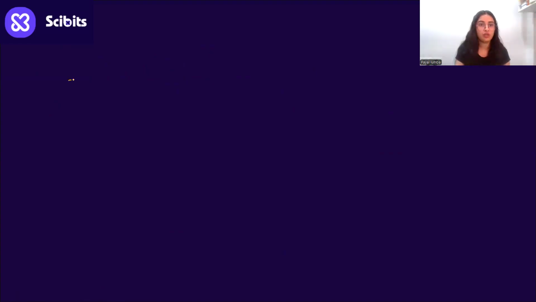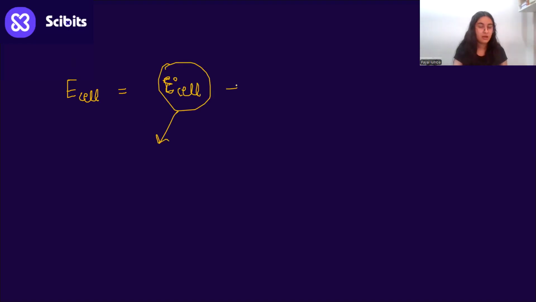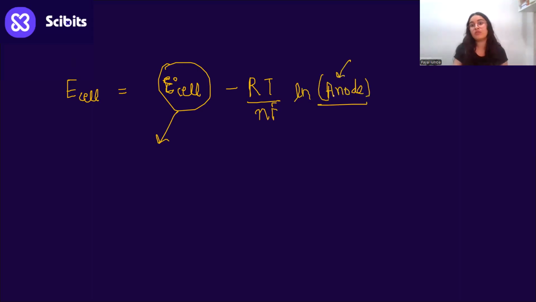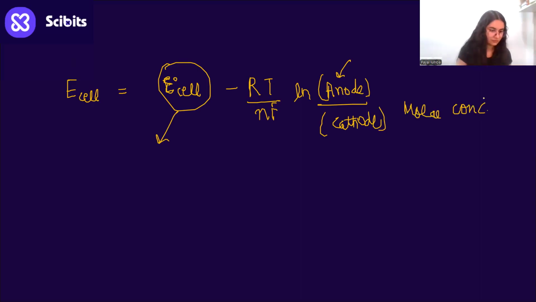Now the final equation: electrode potential at a particular condition is equal to electrode potential at standard conditions, which you can calculate as E cathode minus E anode, minus RT upon nF, where R is the universal gas constant, T is temperature, n and F I have already explained, times the log of the molar concentration of ions at the anode over the molar concentration of ions at the cathode.